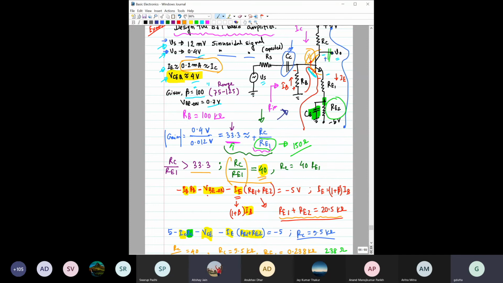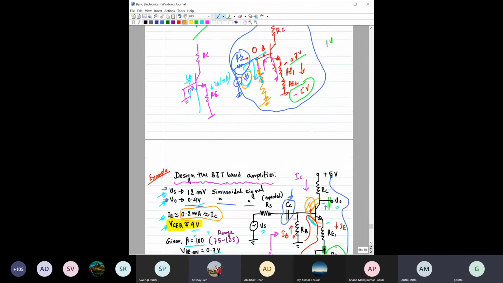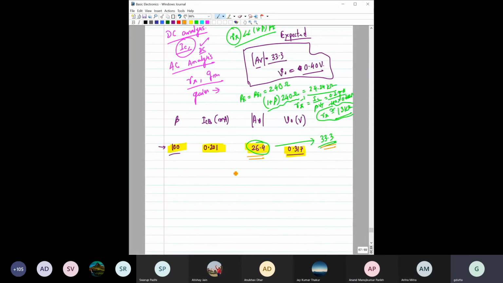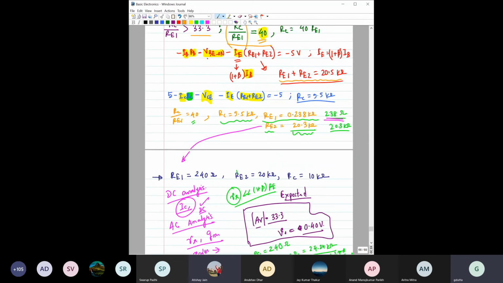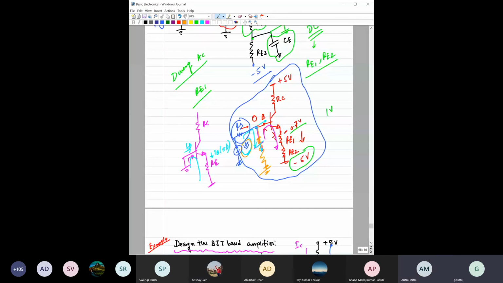So, sir, can we directly consider that in the formula and find the exact relation? Which formula? We can put exact values in the second one. That means you want to directly use the formula where RC upon R pi plus... you want to use that formula directly.